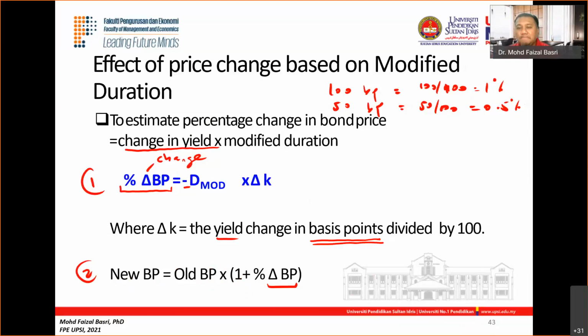Okay. And again, economists, obviously when the times come, economists will come up with more, try to be more accurate, I can say, in terms of estimations. So they don't settle with modified duration. So they believe something is not right with the modified duration.